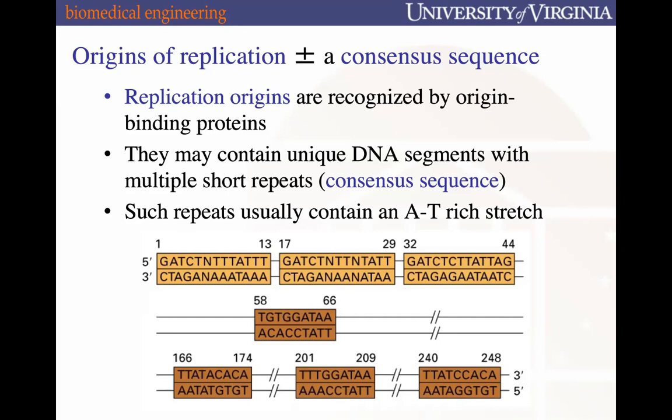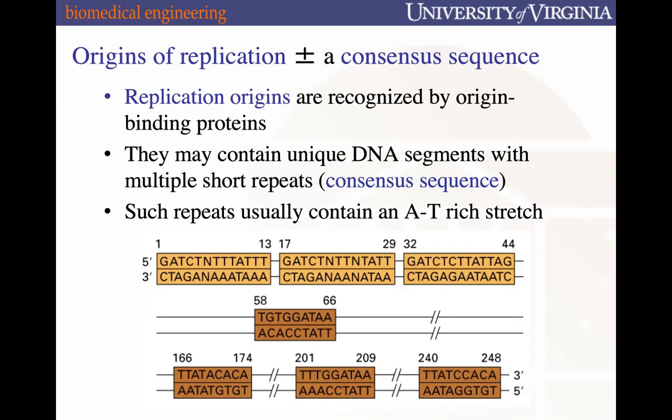And we're going to explore this again, looking at eukaryotic versus prokaryotic DNA replication. With prokaryotic DNA replication, these replication origin sites contain unique DNA segments that have short repeats called consensus sequences. And there's usually only one consensus sequence, one single replication origin site for prokaryotes.